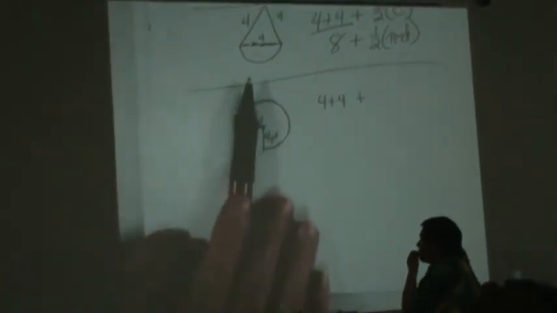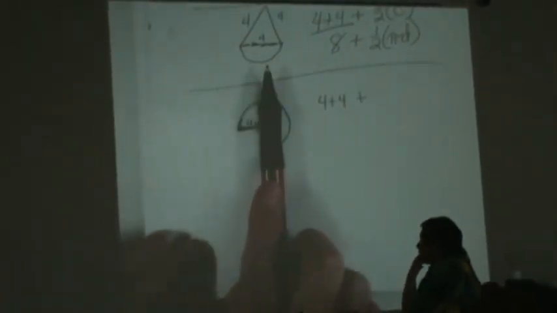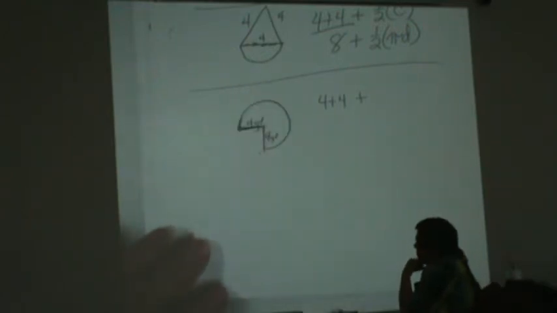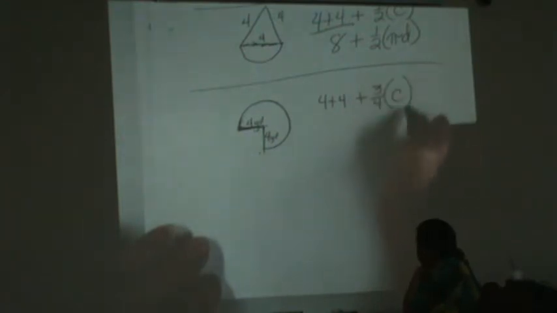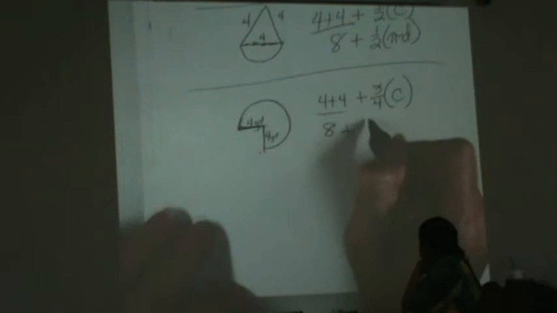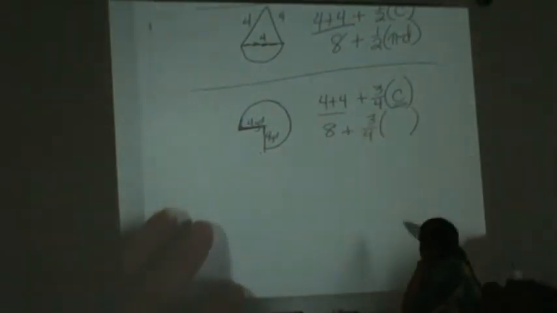That's about a half, and that's about a fourth, so 3/4, right? So you're gonna do 3/4 of the circumference. So you're gonna have 8 plus 3/4 of, what is the circumference again? 3.14. Yeah, pi or 3.14 times the diameter.